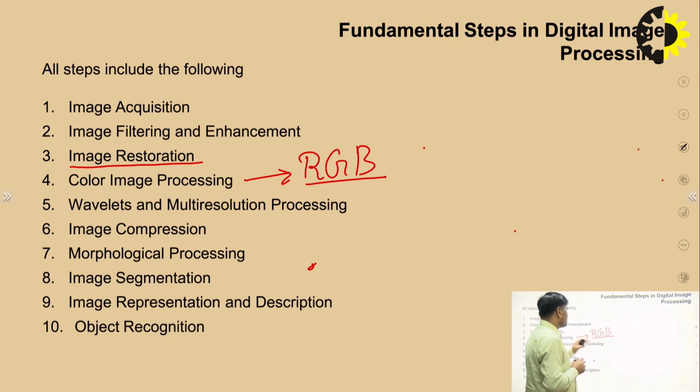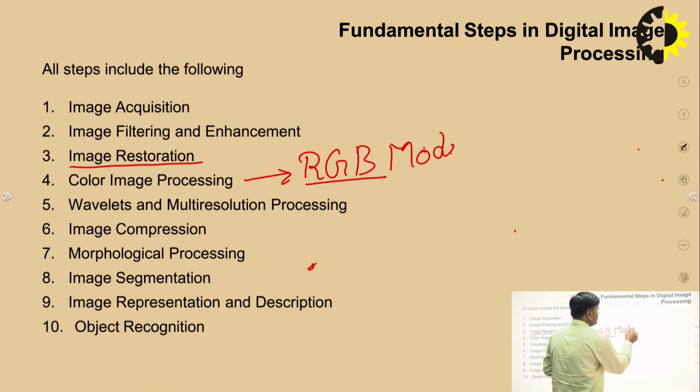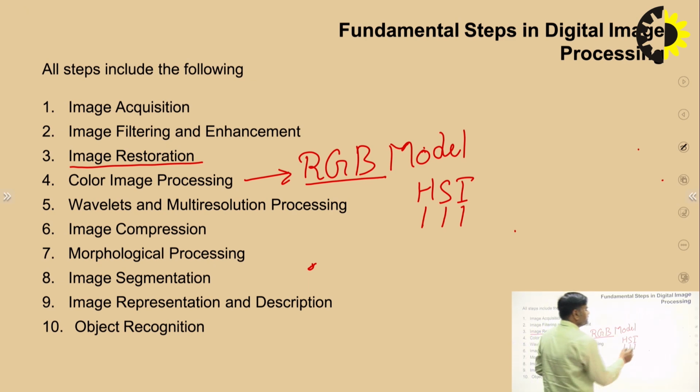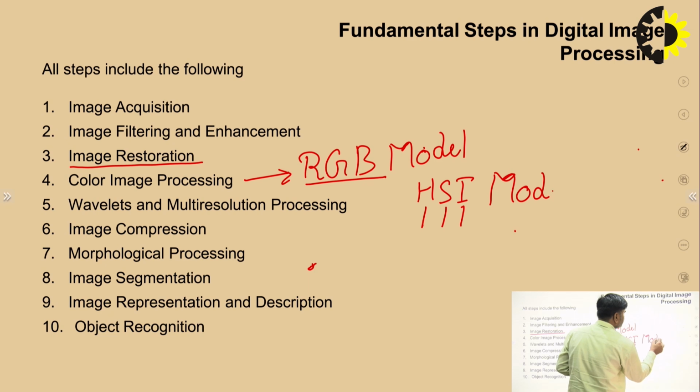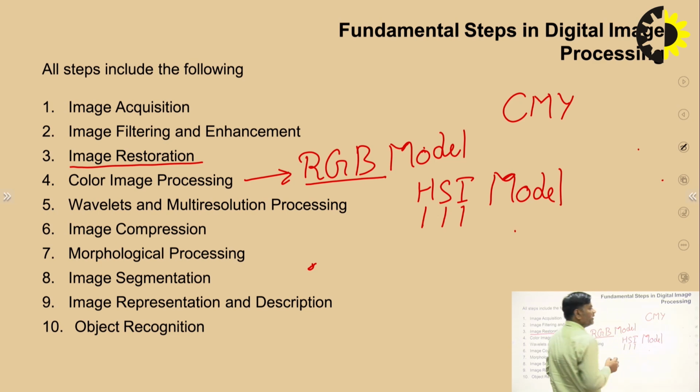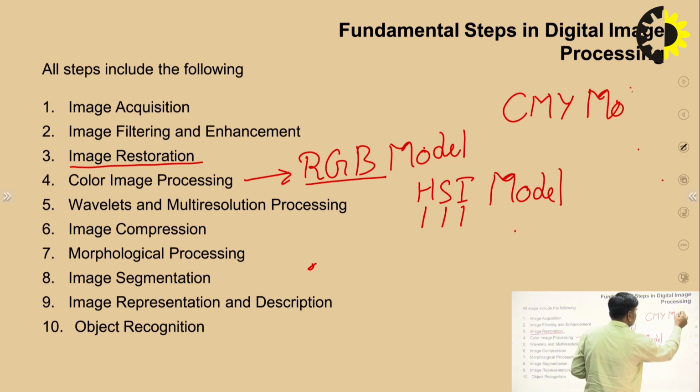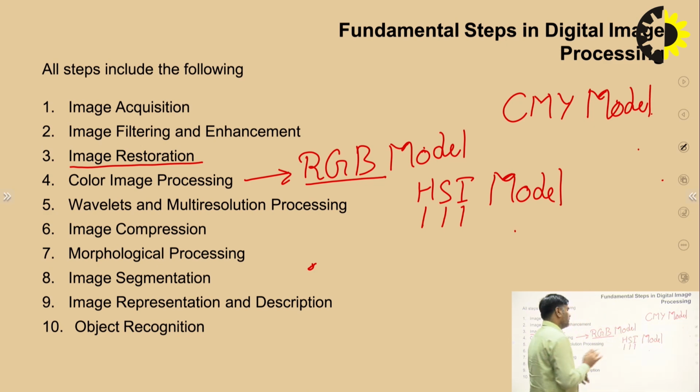We also have the HSI model, that is hue, saturation and intensity, and last is the CMY model, that is cyan, magenta and yellow. This color study is part of color image processing, in which we learn about the RGB model, HSI model and CMY model.